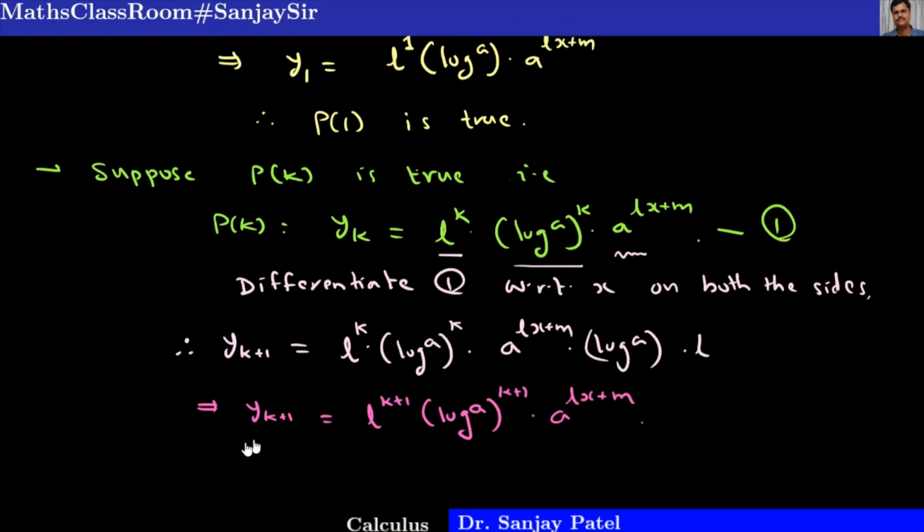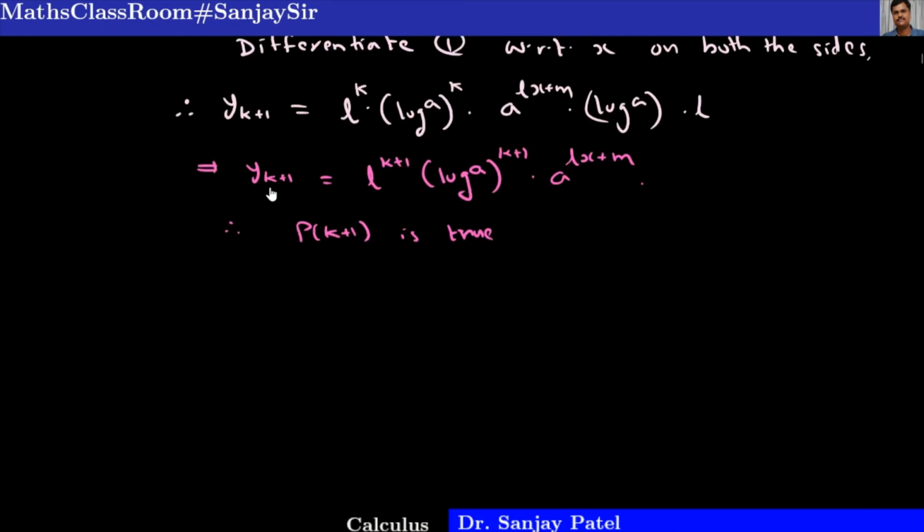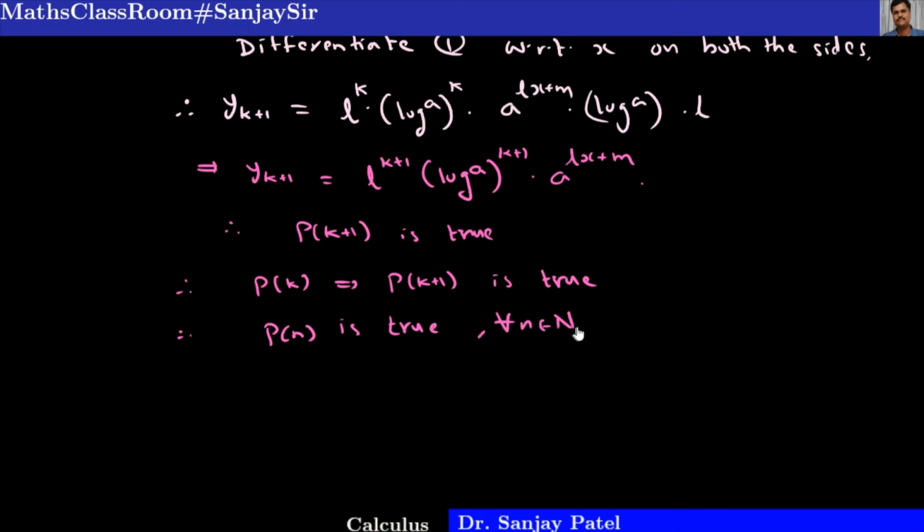Therefore I can say that Pk plus 1 is true, and hence Pk implies Pk plus 1 is true. This thing is proved, and therefore Pn is true. The given statement P of n is true for every n belongs to N.